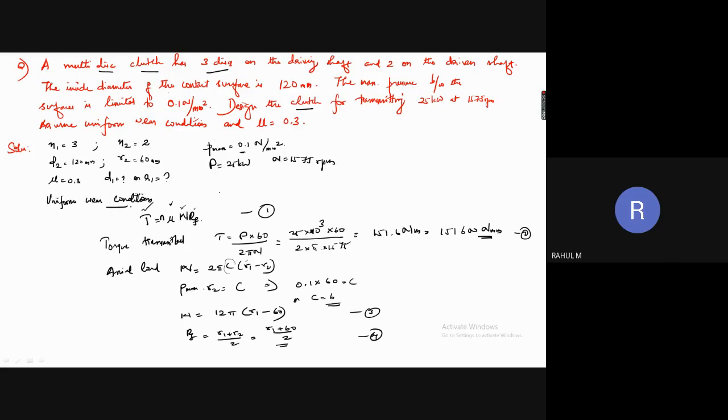Now the n value you can find from here. N is equal to n1 plus n2 minus 1. So that is equal to 3 plus 2 minus 1, which is equal to 4. So n is the number of effective surfaces for a multiple disc clutch.